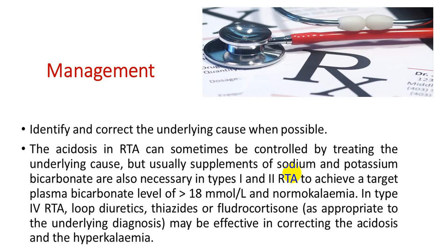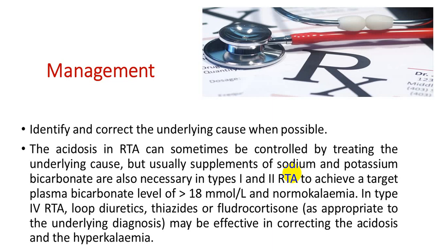Usually supplements of sodium and potassium bicarbonate are also necessary in type 1 and 2 renal tubular acidosis to achieve a target plasma bicarbonate level of more than 18 millimole per liter and with normal potassium.